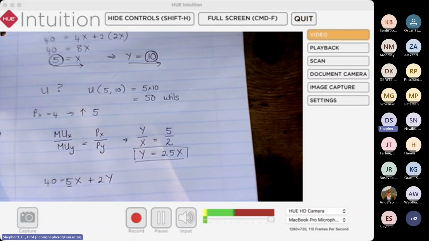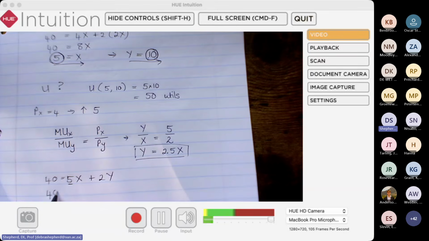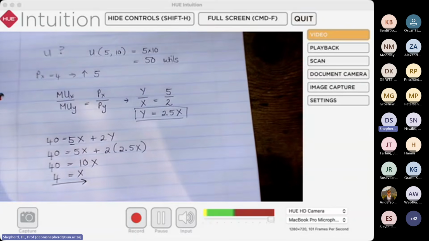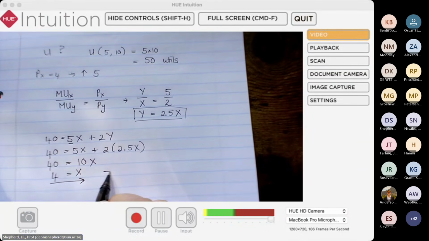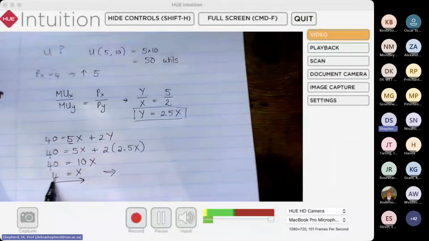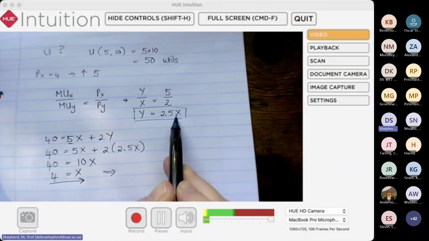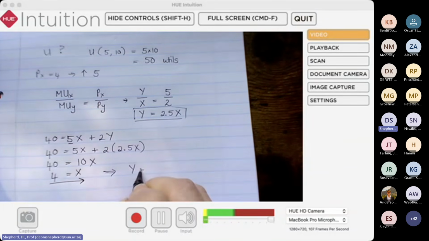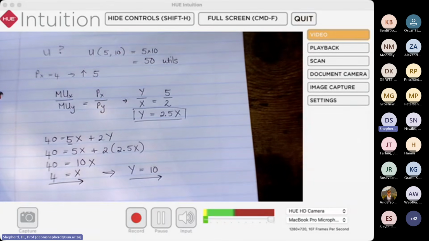The price of X is now different. So 40 is now going to be 5x plus 2 times 2.5x. And so 40 is now going to be 10x, 5x plus 5x. And so that means that she will now consume 4 units of X at her best affordable point. And if we sub those 4 units of X into Y equals 2.5x, it means that she will still consume 10 units of Y at her best affordable bundle.